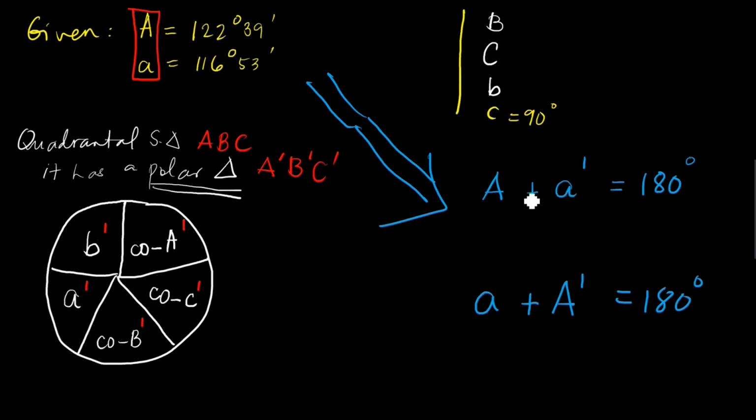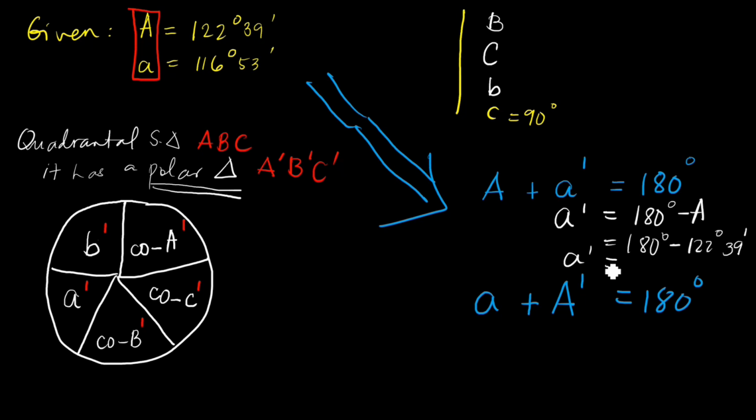So what we need is the small a prime because the big A is given. So the small a prime can be solved: 180 degrees minus the big A. So the big A measures 122 degrees and 39 minutes. Then use your calcu.